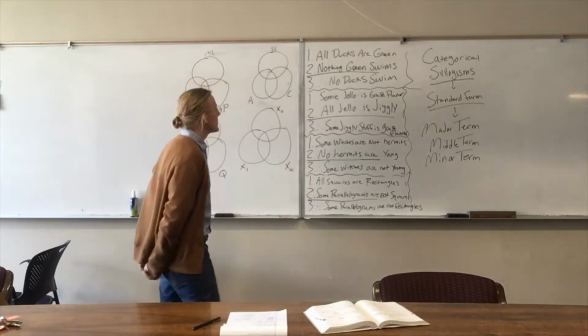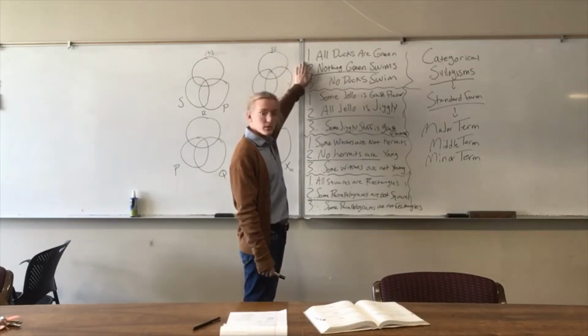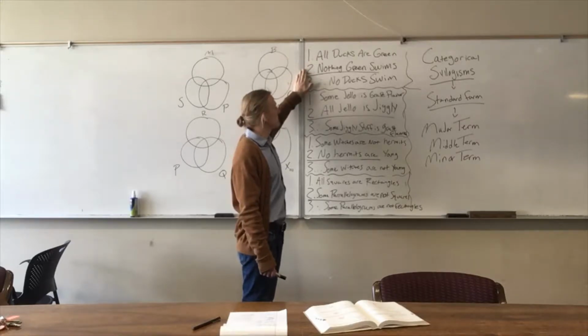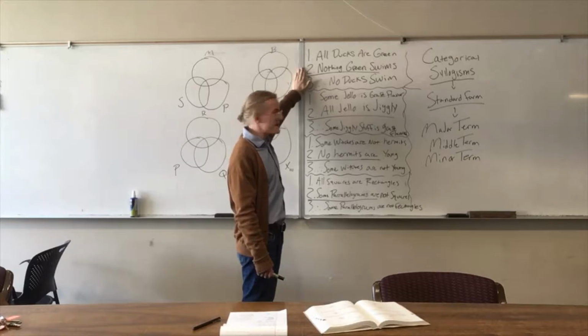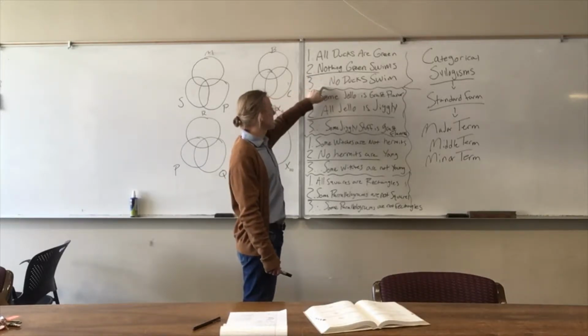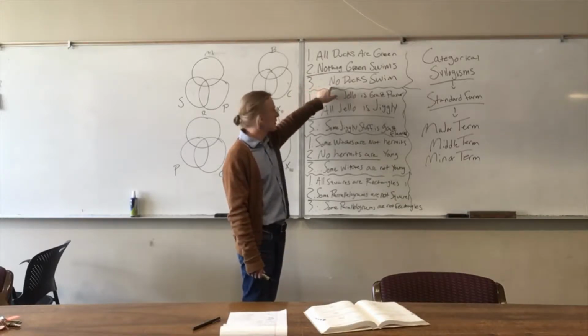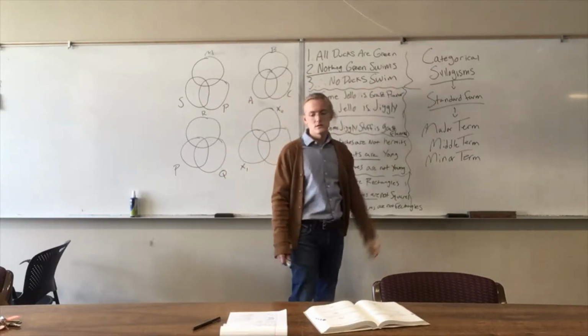Our first argument is here, 1, 2, 3, and our first premise says that all ducks are green. Our second premise says that nothing that's green swims, and the straight line indicates the conclusion. 3, and again these three dots just mean therefore, our conclusion: no ducks swim.